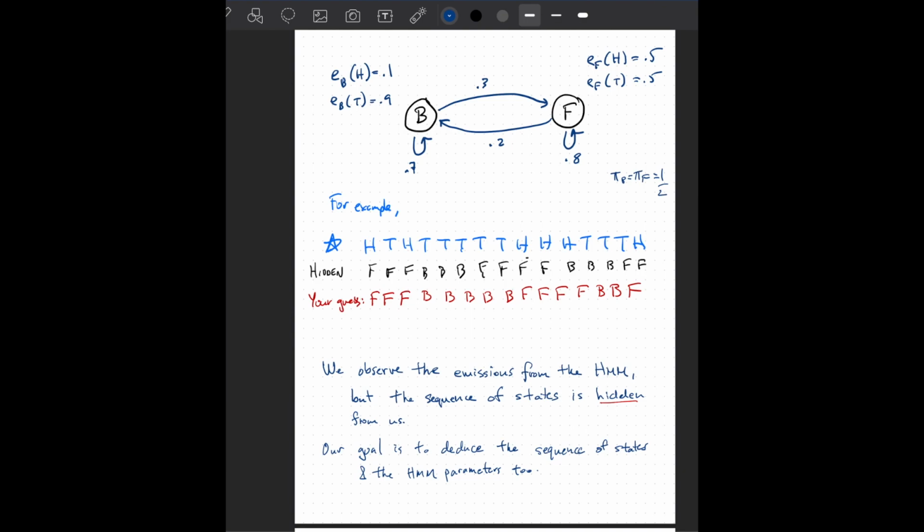So to return to that previous example, this is the previous sequence that we looked at, heads, tails, tails, tails, tails, tails, etc. The hidden sequence here was fair, fair, fair, biased, then fair, then biased, and then fair.